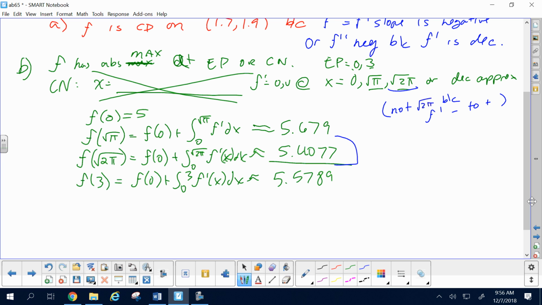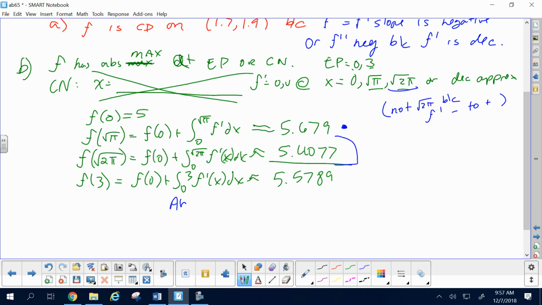So we conclude that the absolute max is. Do they want where the absolute max is or what the absolute max is? Find the value of x. And so, which one is the biggest, by the way? This guy? So do I answer 5.679 or square root of pi? Square root of pi. The question asked, at what x value does the max occur?